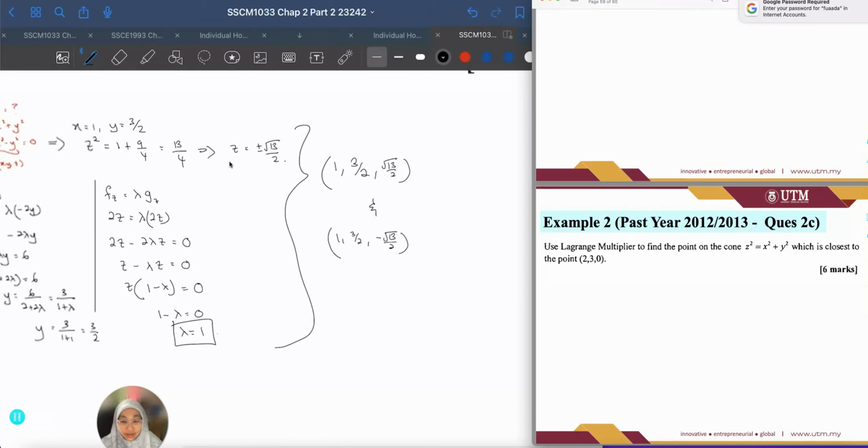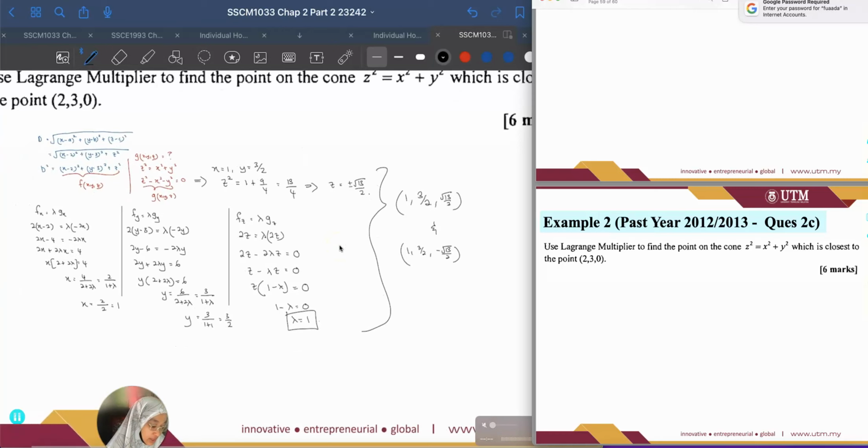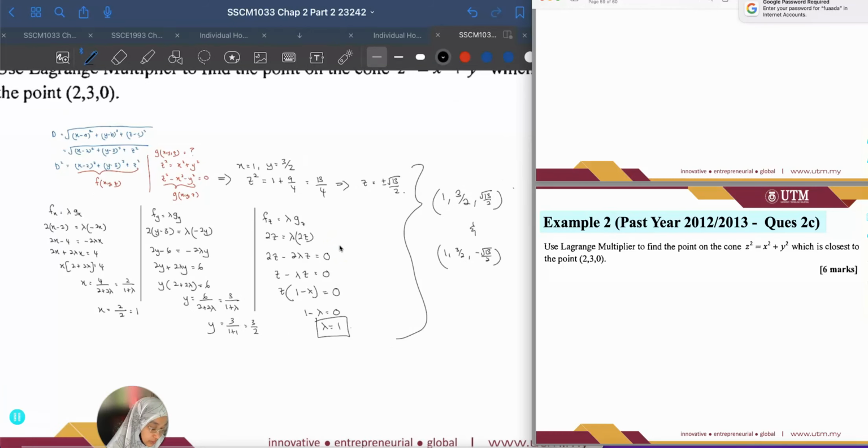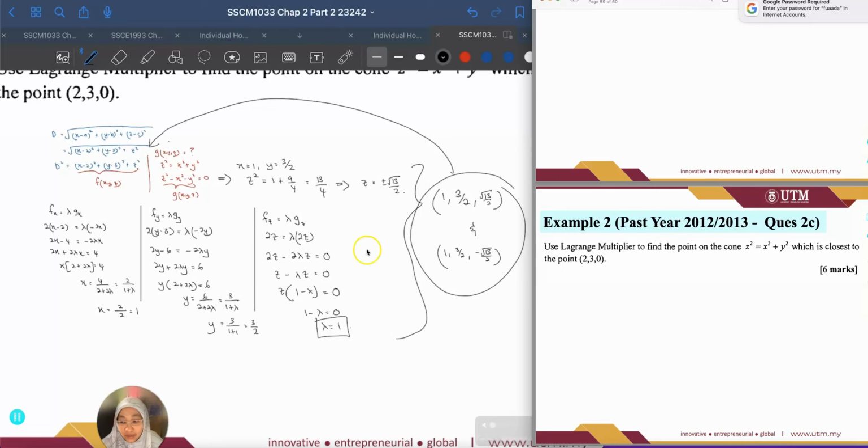Okay, 2 points that can give you the shortest distance. Hopefully we can have something after you replace these points into the D function. So now, based on the points that you obtain, you have to evaluate your shortest distance because that is your aim.